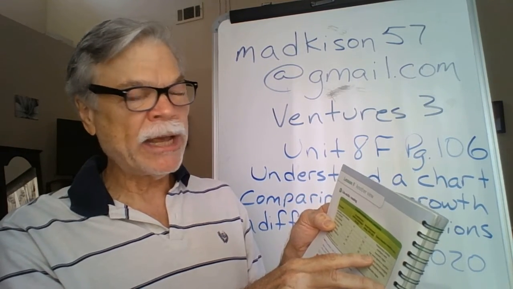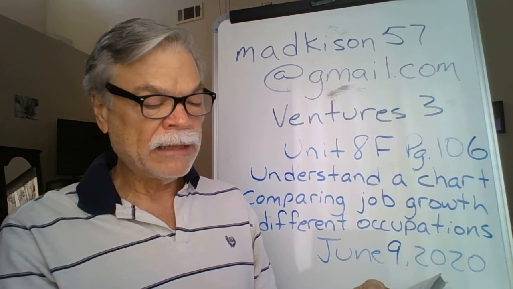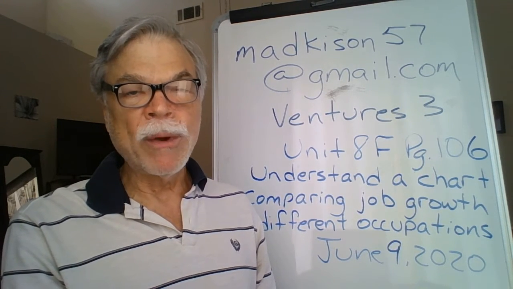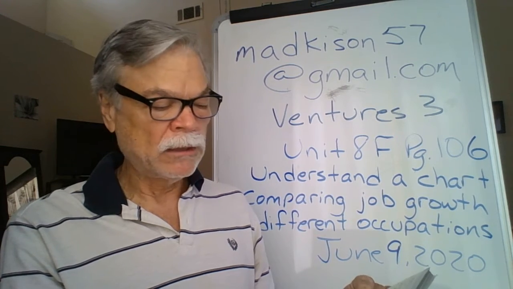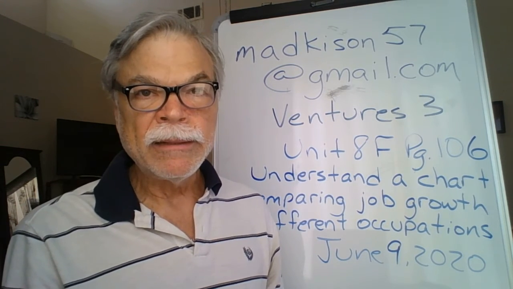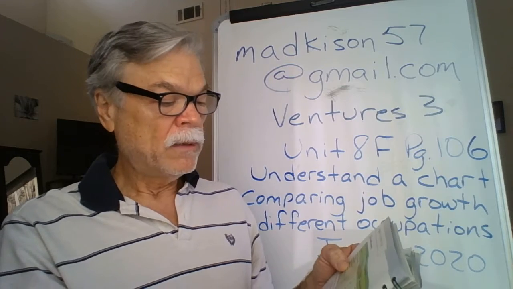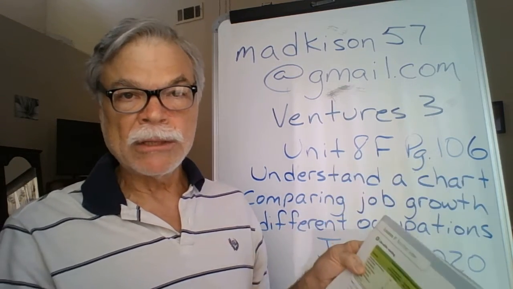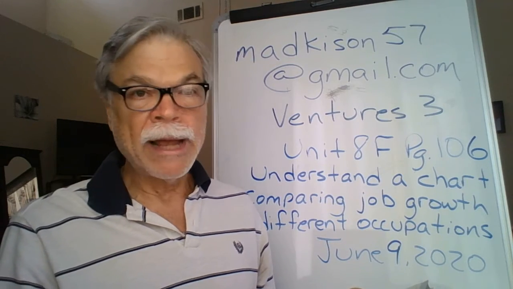The type of education required for that is a high school diploma or equivalent. An equivalent diploma to a high school diploma is a GED. So all you need to become a food service manager is a high school diploma or an equivalent like a GED.